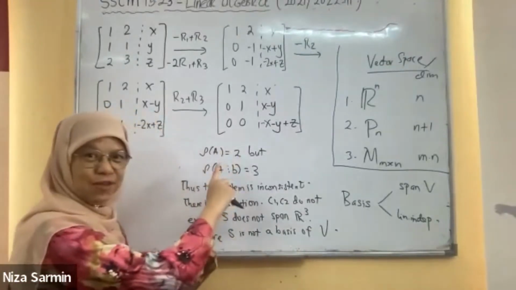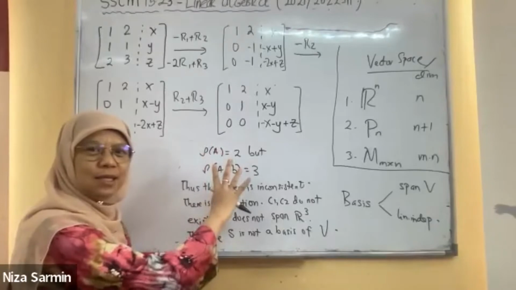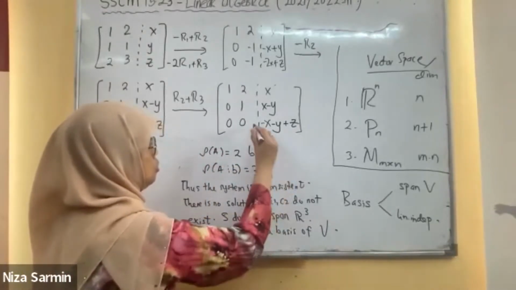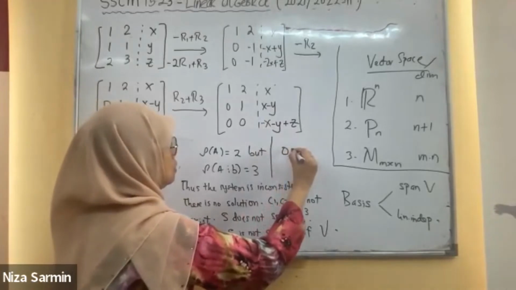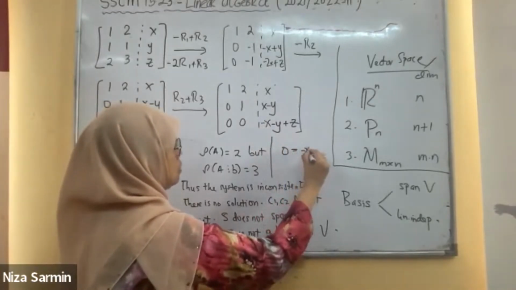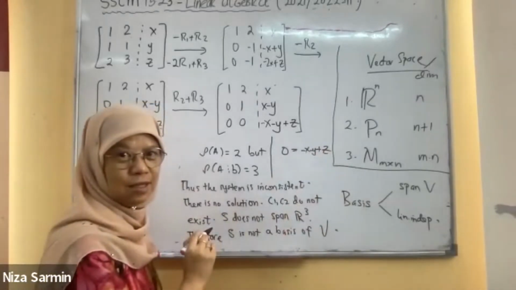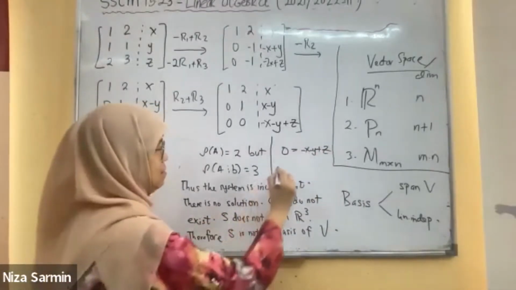This one, if you don't write this as the rank, but you put 0 equal, okay, it's impossible.